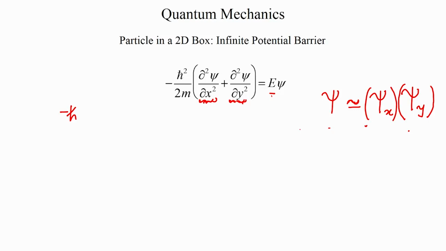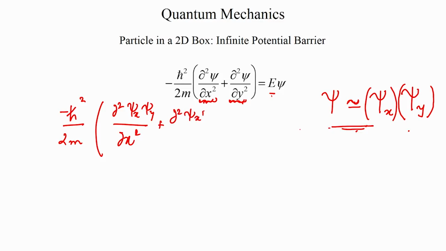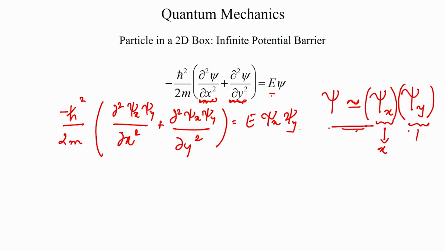Using this condition, I end up with dou square psi x psi y by dou x square plus dou square psi x psi y by dou y square is equal to E psi x psi y. Now psi x is purely dependent on x and psi y is purely a function of y, so this is not a function of x and that's not a function of y.